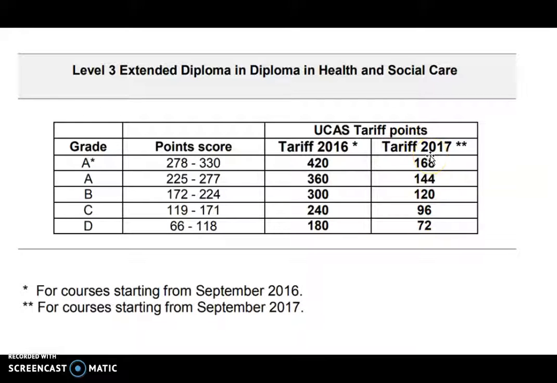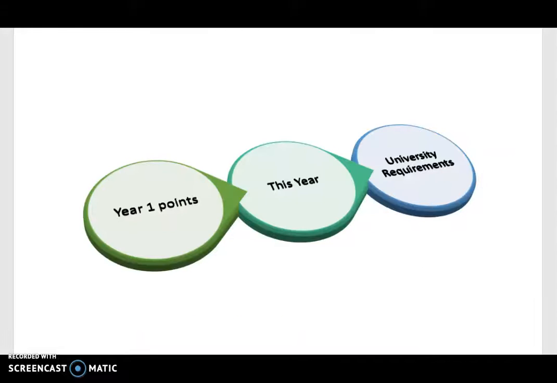So it's really important that if we return to our other slide, you want to take a look at what the entry requirements are. So there might be 120 points. Take away the points you've already achieved and take a look at what is left over, because this year is what you want to achieve.